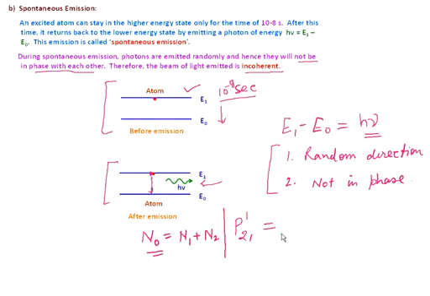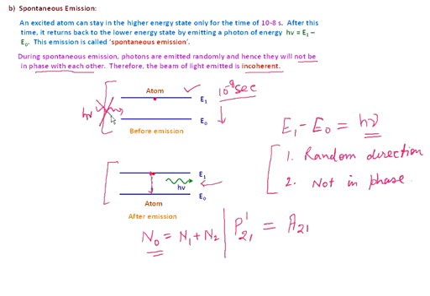So now the transition probability in case of spontaneous emission is defined only through the Einstein coefficient, which we use as A21. Actually there is no role of the external source energy h nu.